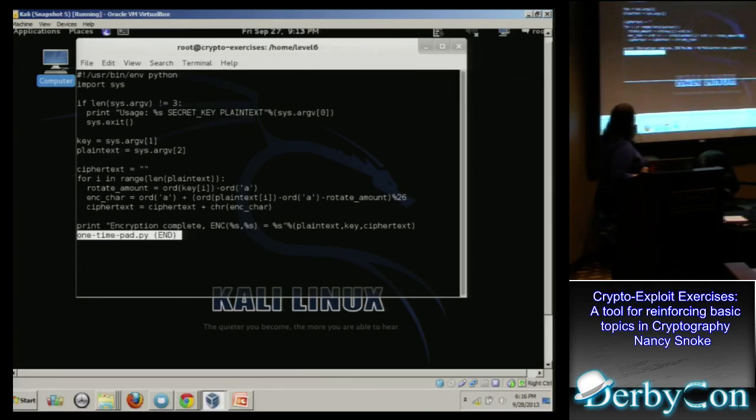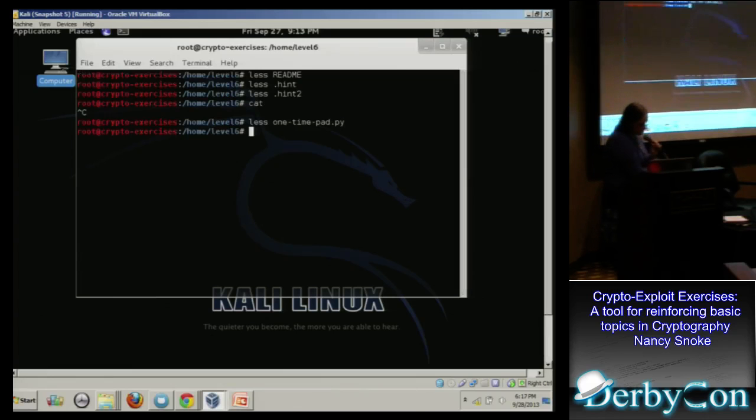I'm not really doing any checks because it was done really quickly. Then you just get the rotate amount from the key, subtract it off the plain text, mod it by 26, and put it back in ciphertext. So something like this.